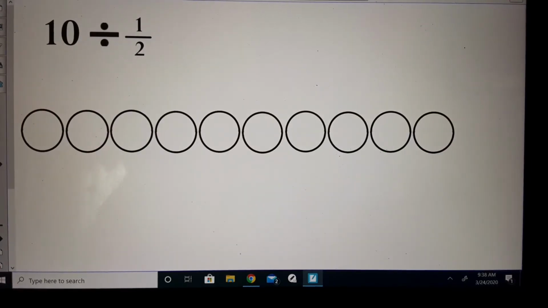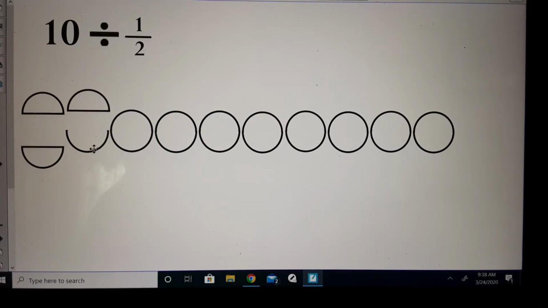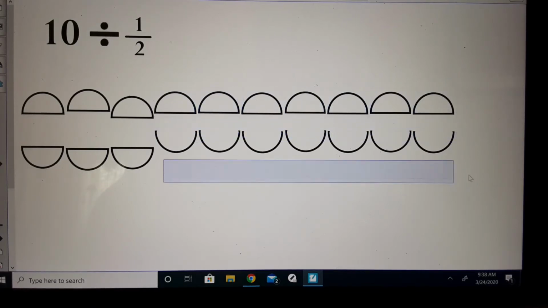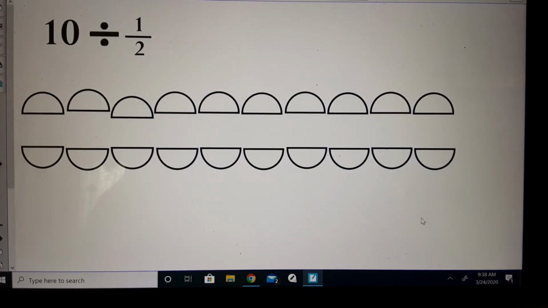So let's take a look at those 10 cookies. So imagine that these circles are cookies and we want to divide them by half, which means we are dividing them into half cookie-sized pieces. So I can imagine that you would understand that there would be 20 pieces because we had 10.